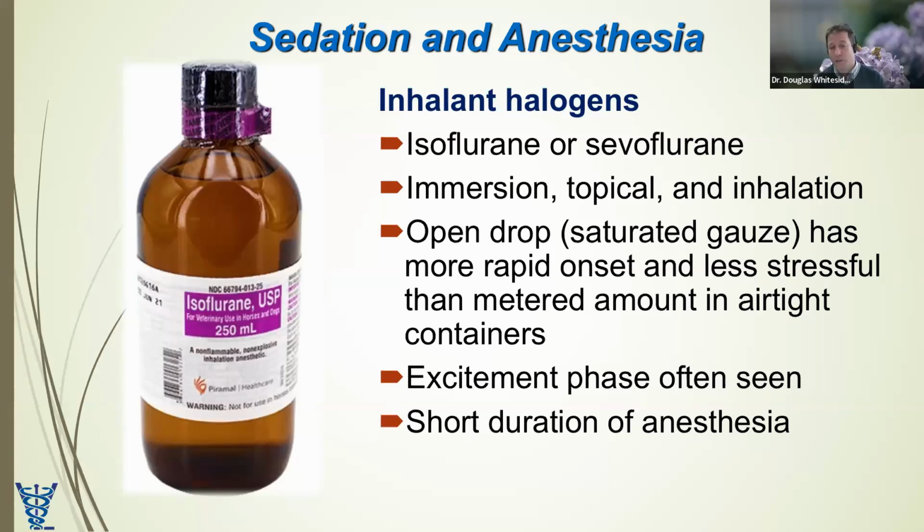Even when you darken those containers, sometimes the amphibians go through a prolonged excitement phase, whereas with open drop I find that they tend to have an excitement phase, but usually not as long. And one of the things I like about these inhalant halogens is they're really good for really short procedures because they have a short duration of anesthesia in most cases.